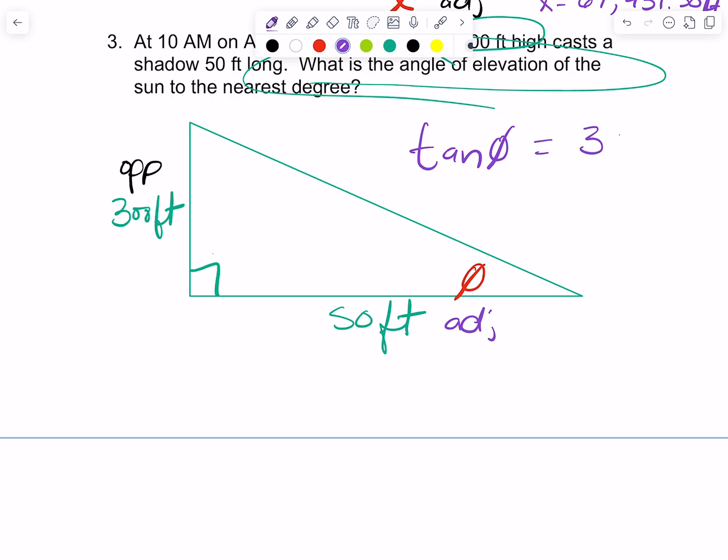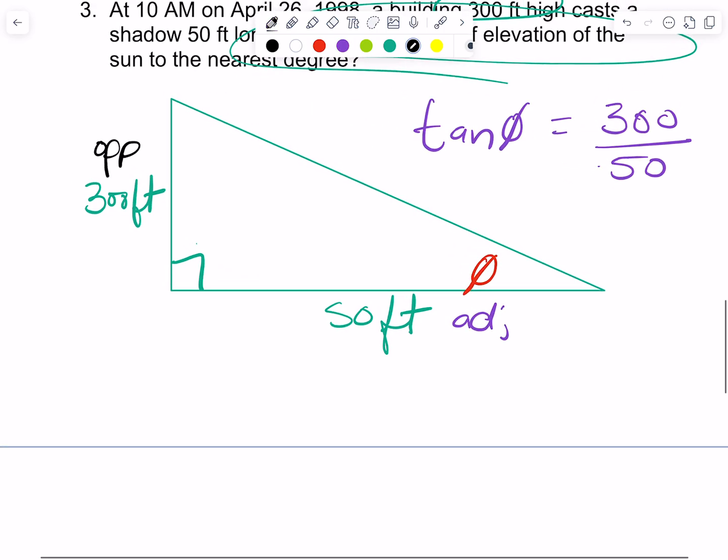Does anyone by any chance remember, how is it different when you're looking for an angle? You don't solve it, you just type it into the calculator, but you make a small adjustment. Anyone remember? I take that as a no. That's okay.